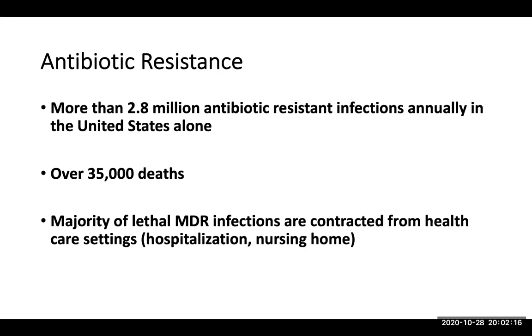We call that MDR, multi-drug resistant. This is becoming more and more of an issue, and the majority of people that contract a multi-drug resistant infection get these from hospitals or healthcare settings like nursing homes, for example.